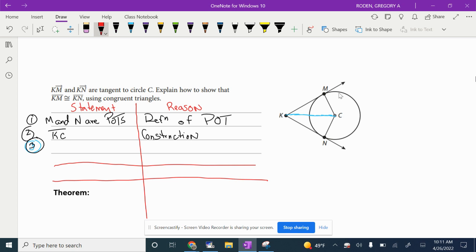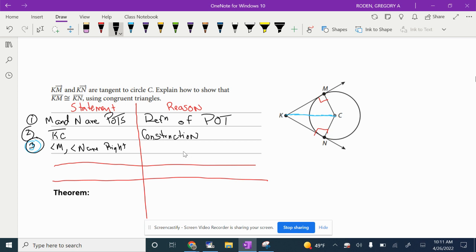So we know that angle M and angle N are right angles, right? You guys understand that? Okay, we know that angle M and angle N are right angles, and we know that from yesterday's theorem.